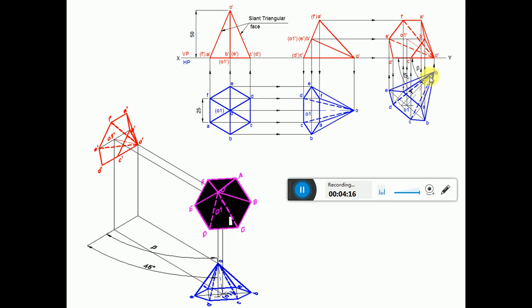Then measure the length from this point to A and also from this point to F. Both have equal distances. Transfer from this point and cut an arc on this side to get the point A, and similarly cut an arc on this side to get the point F.